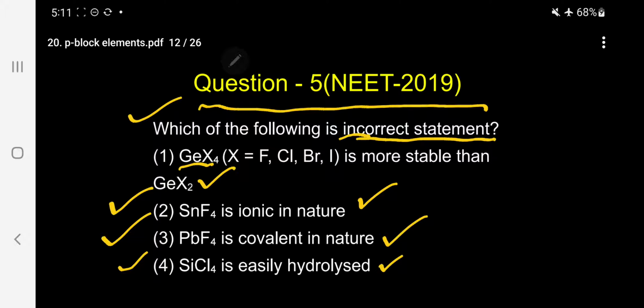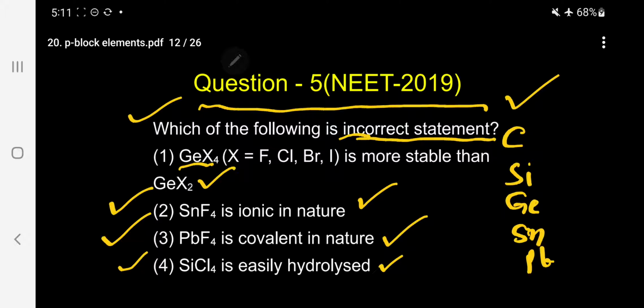Kindly follow. So this is coming under the carbon family: carbon, silicon, germanium, tin, lead. The question is asked under the carbon family.